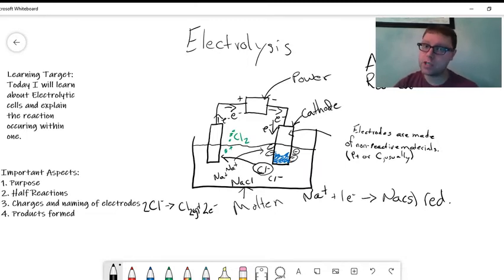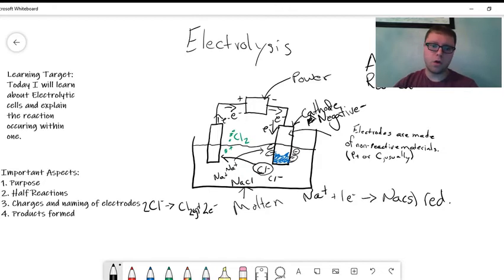Now, what's different between this and your voltaic cell, this cathode has a negative charge. That's different, okay? Voltaic cells had a positive cathode. Electrolytic cells have a negative cathode.